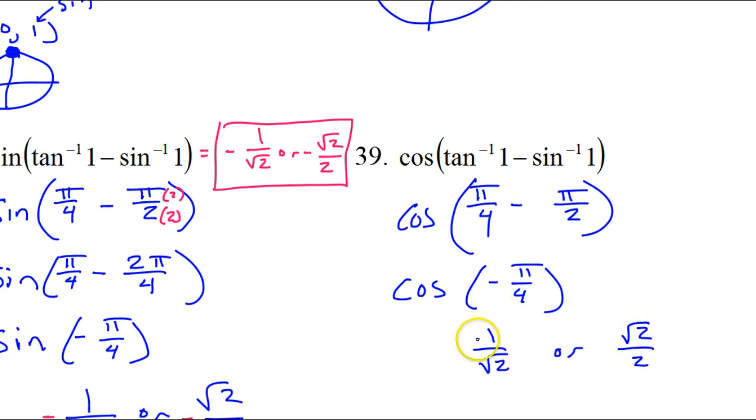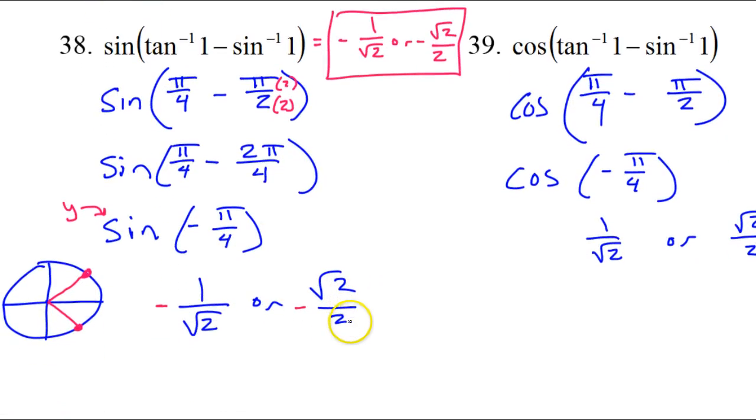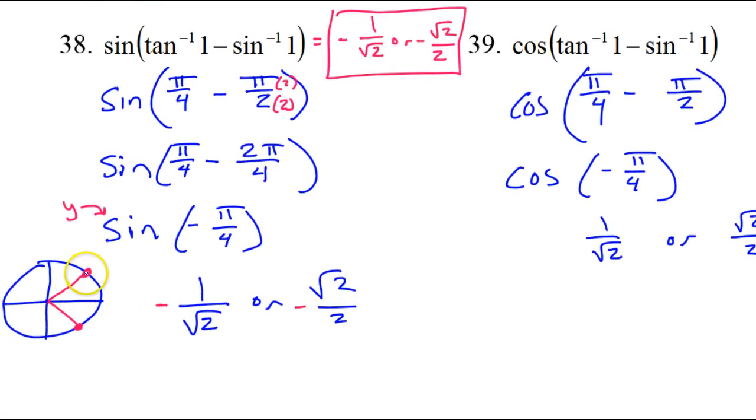What about negative pi over 4? Let's look back at that same picture. This is pi over 4 right here. That's positive 1 over radical 2. What about this? This is negative pi over 4 right here. Will the cosine be negative or positive in this quadrant?